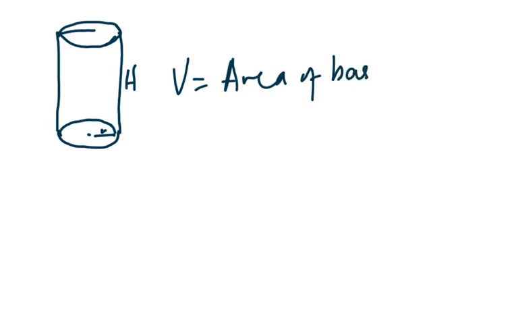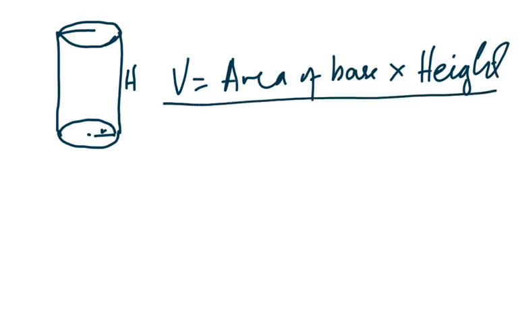And that is the height, the capital H. That's the radius, R. So the volume of that cylinder, we have actually looked at the volume. Volume is given by the area of the base multiplied by the height.